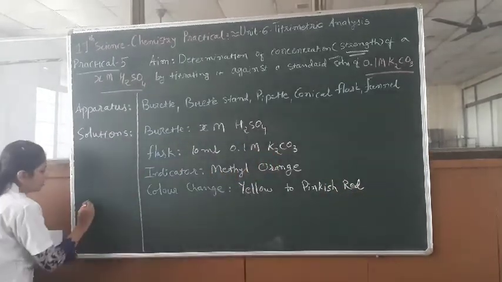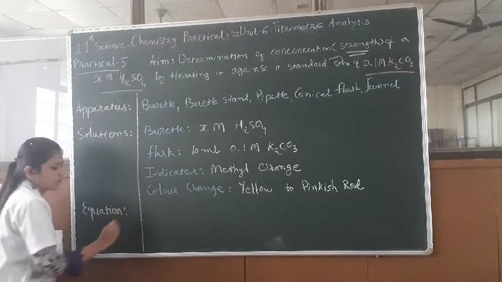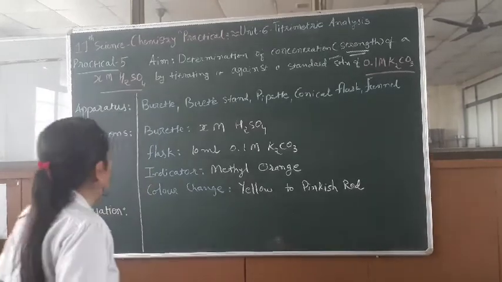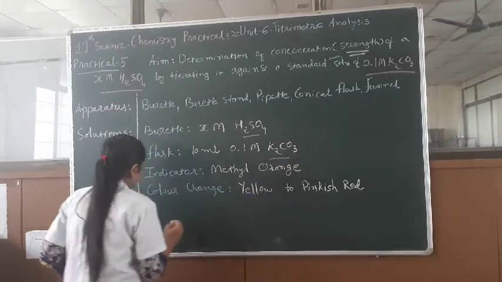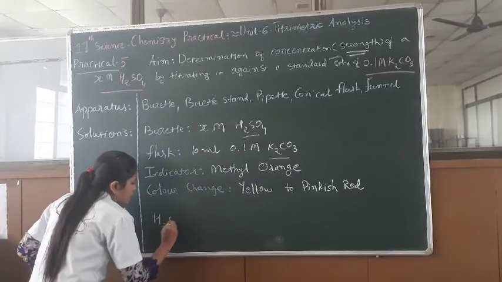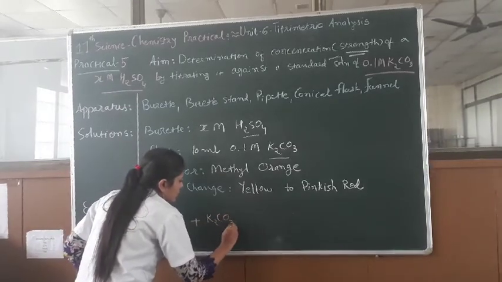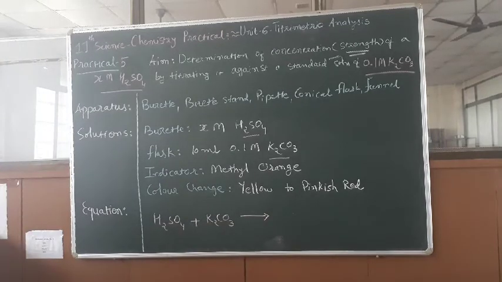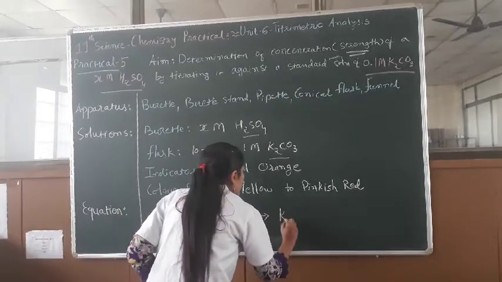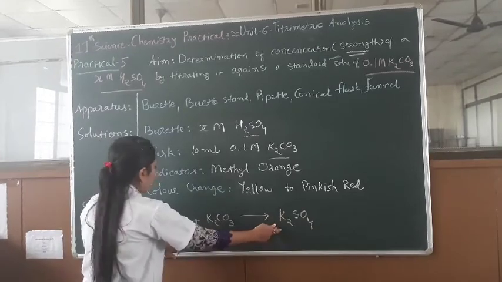Next line, equation. What we are using? H2SO4 and K2CO3. H2SO4 plus K2CO3. Which product? Product is K2SO4.